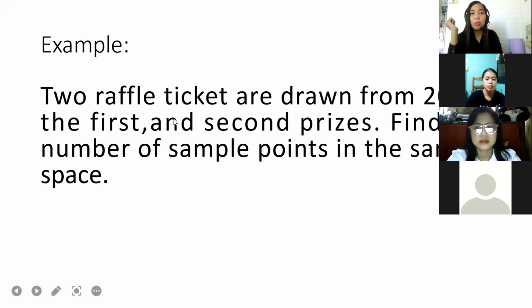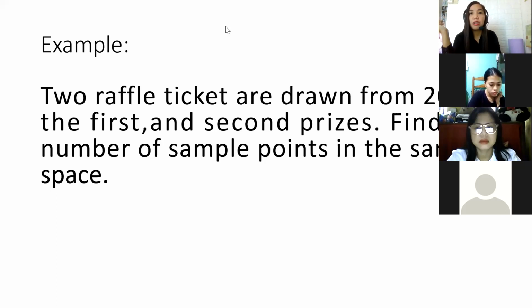Our n, obviously, is 20 tickets, the total number. We will just draw 2 raffle tickets for first and second prize. So from 20, we choose 2. So we will have 20 permutation 2.